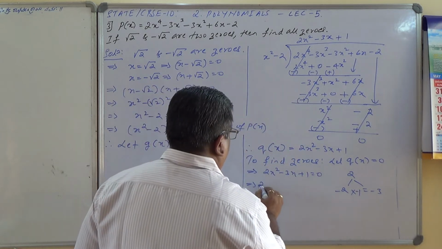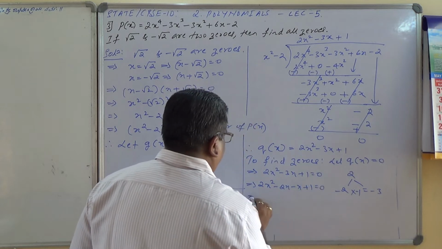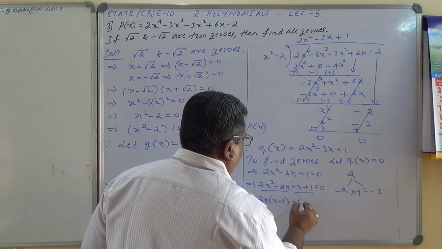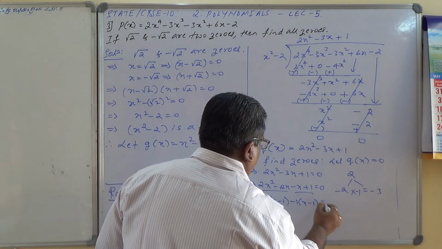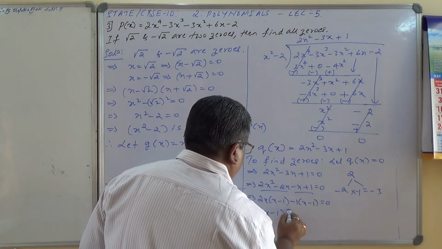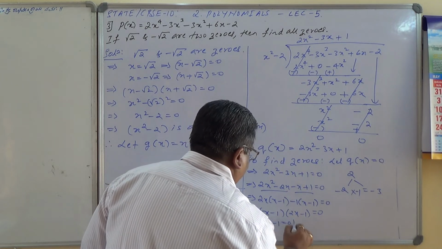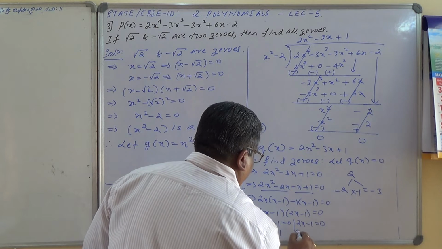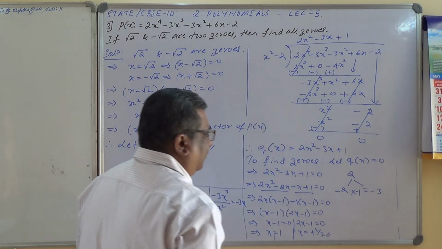So 2x square minus 2x minus x plus 1 equals 0, which implies taking 2x common, x minus 1, and minus 1 common, x minus 1 equals 0. So x minus 1 and 2x minus 1 equal 0, which implies x equals 1 and x equals 1 by 2 here, isn't it?